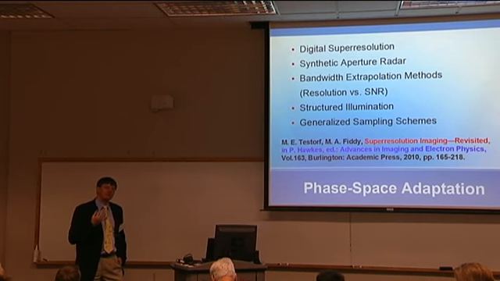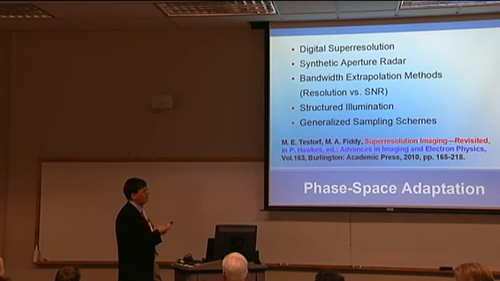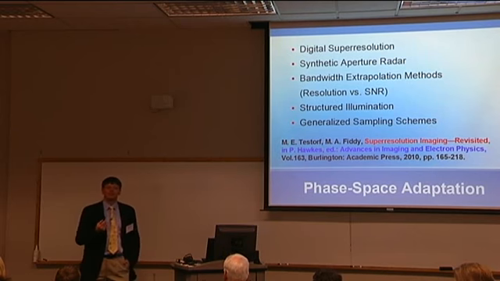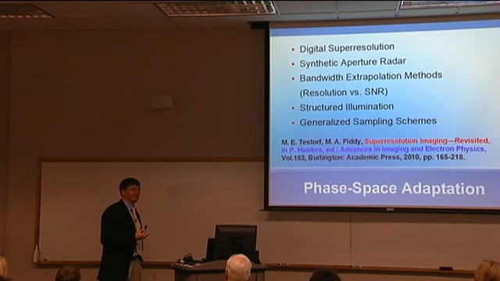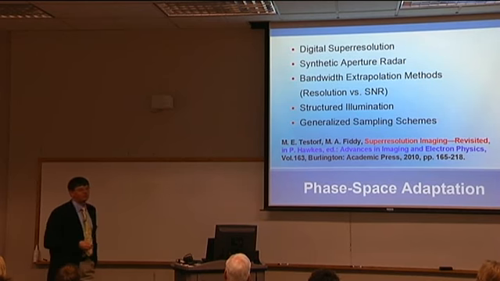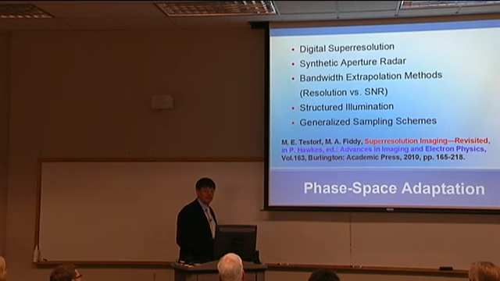So we always get the message, there is a method that gives me a better resolution. Usually what we have to give up for this is not clearly outlined. It may sometimes be very obvious, but sometimes it is very much hidden. And I have come to believe only in those methods that clearly state why they think the super resolution is working. There are no miracle cures. And I think the phase space analysis shows this very explicitly.